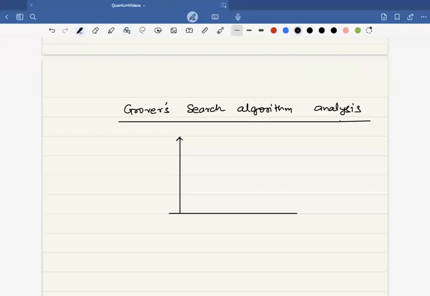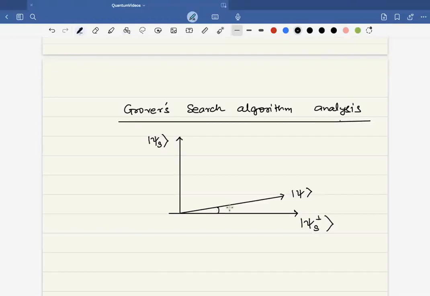So we have this is our solution space psi s. This is the orthogonal complement in this subspace. And the initial vector is the vector psi, which is the uniform superposition of all possible vectors.